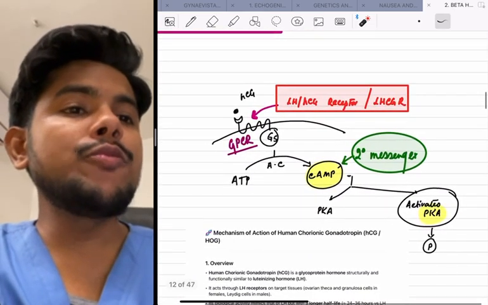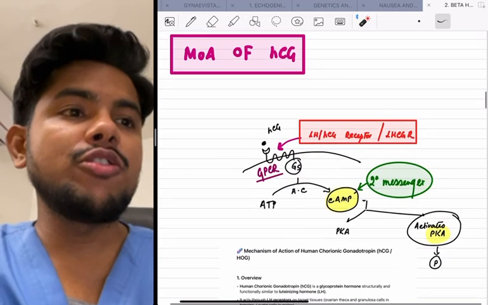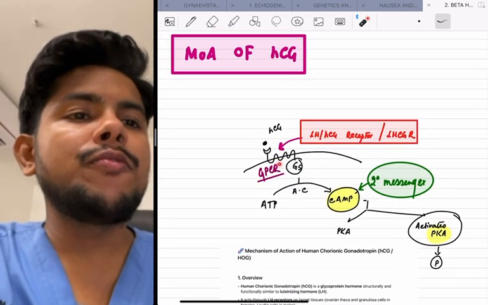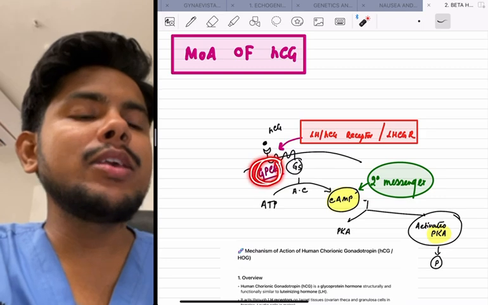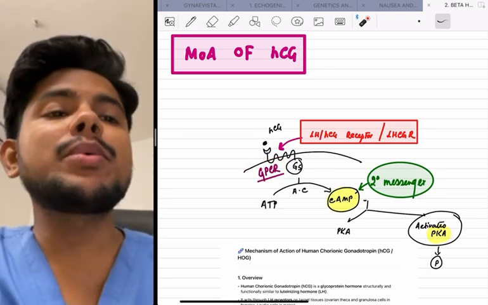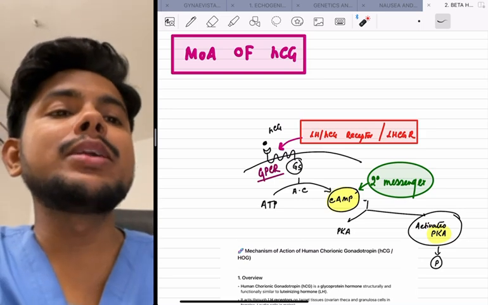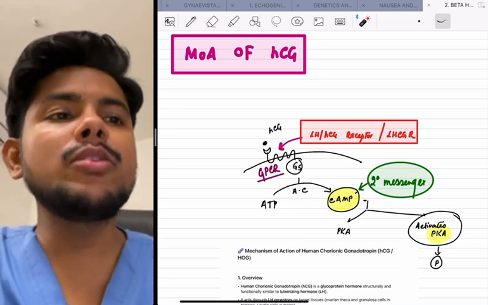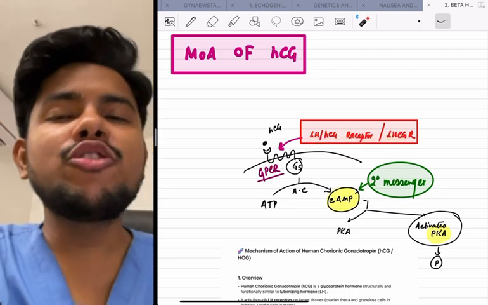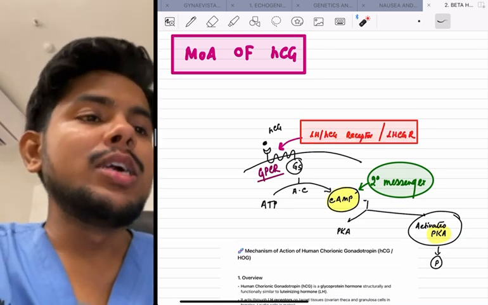So I want you to focus on this beautiful picture. Now see, the receptor for hCG is called a G protein coupled receptor, which is also known as the 7-pass receptor or serpentine receptor. Am I clear with this? And this receptor is called the LH-hCG receptor.